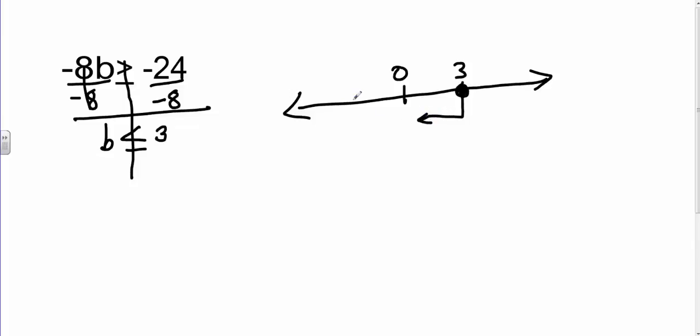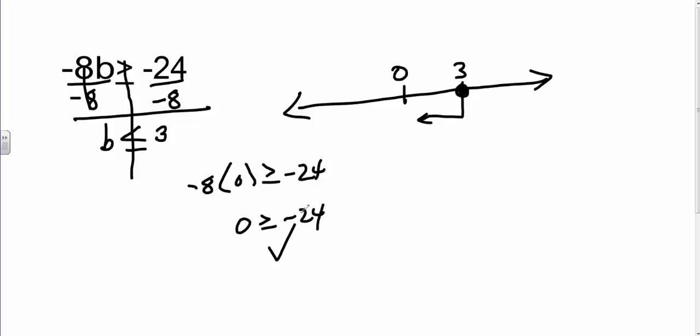And let's check a solution. Let's check 0. If we go negative 8 times 0 is greater than or equal to negative 24, that gives us 0 is greater than or equal to negative 24, and that's a true statement. But if we had not switched the sign, then it would have been greater than, and let's check number 4 as an answer.